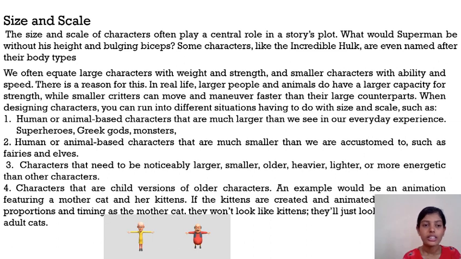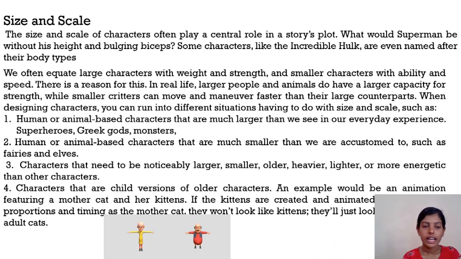When designing characters, you can run into different situations having to do with size and scale, such as first one, human or animal based characters that are much larger than we see in our everyday experience: superheroes, Greek gods, monsters. Second one, human or animal based characters that are much smaller than we are accustomed to, such as fairies and elves.